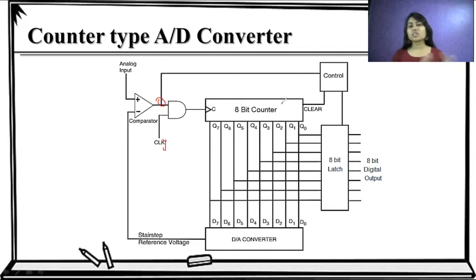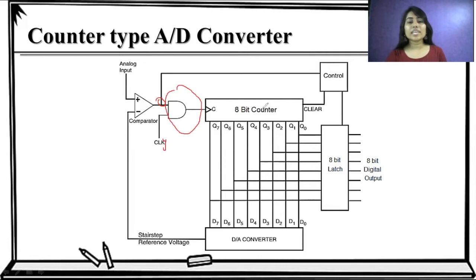As we discussed in a previous session, a counter is a device which is used to count the values, and to count the values the counter has to use a clock signal. If the counter has no clock signal, then the counter is basically stopped and there are no further operations. So we have to control this clock with the use of this AND gate.